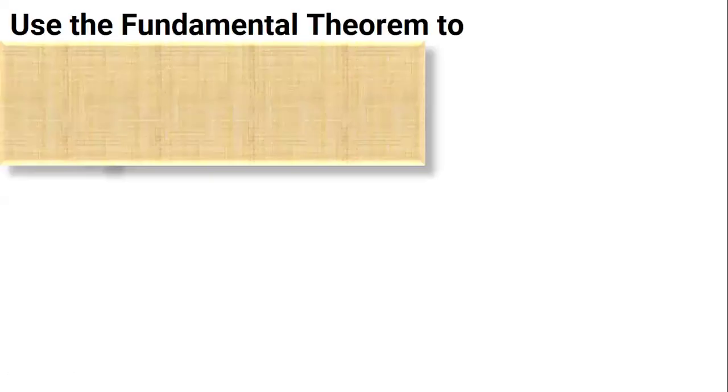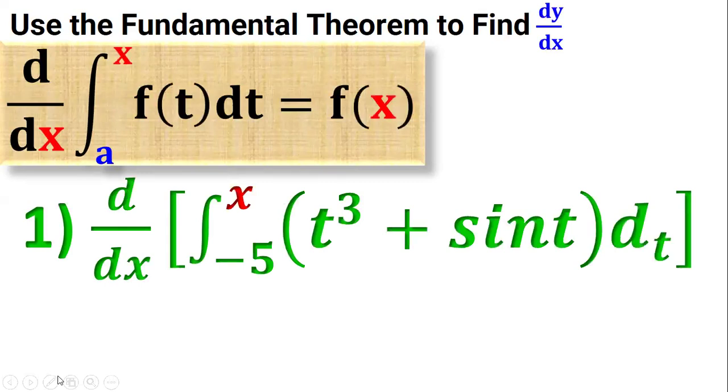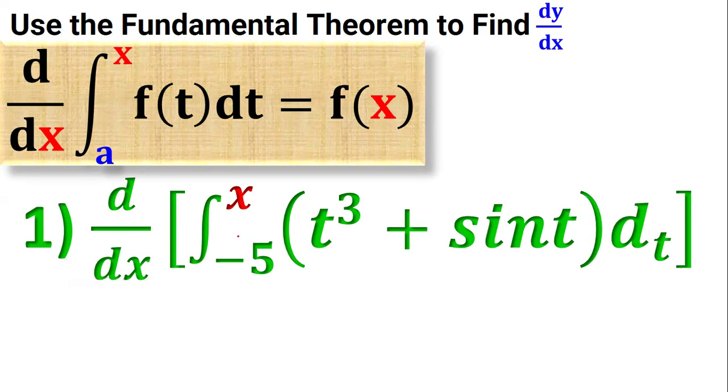Okay, let's start. Question number 1. You are asked to find the derivative of the integration from -5 to x. Keep in your mind, guys, a means a constant number, whereas x is the variable. Here we have a constant number, which is -5, and here we have a variable, which is x.